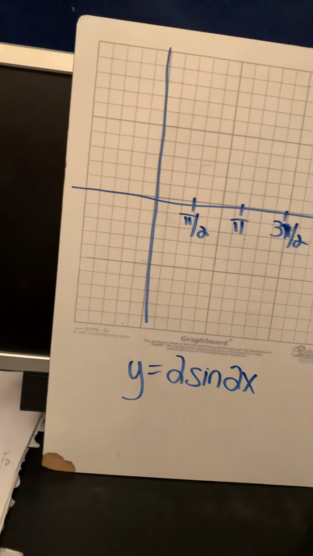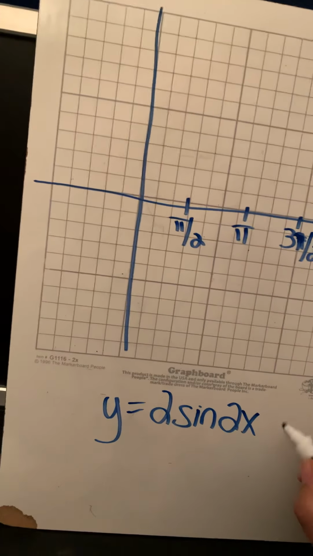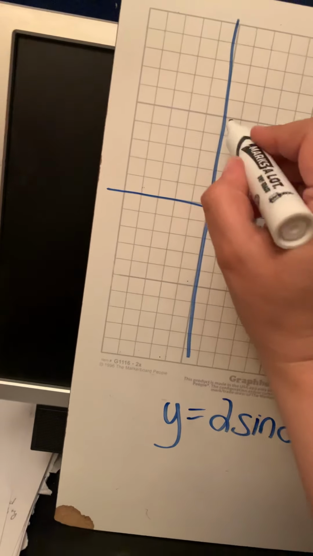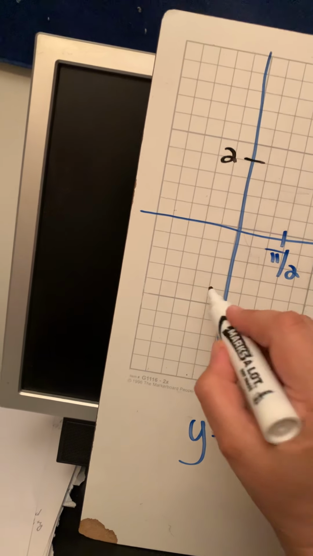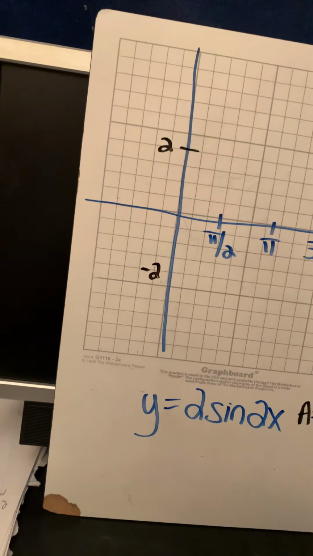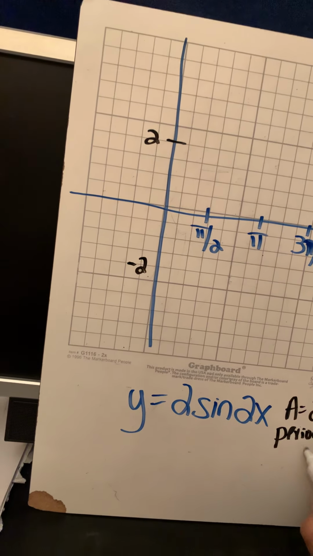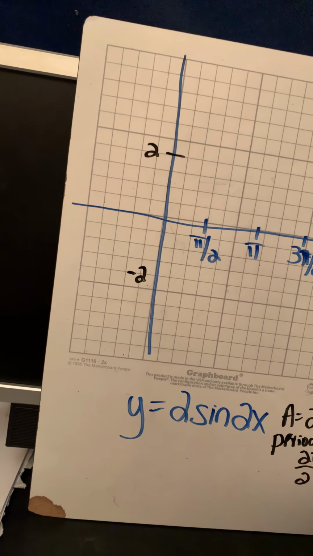So, what is your amplitude? Your amplitude is 2. So that means it's going to go up. We'll just say that this is 2. And then this is going to be negative 2. Period is 2 pi over 2, which is pi.